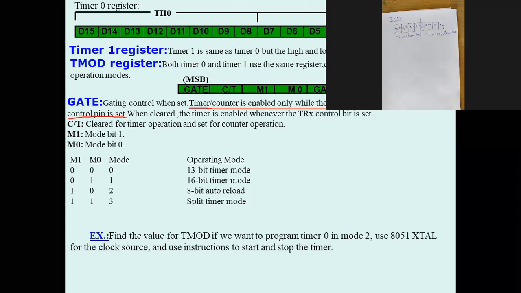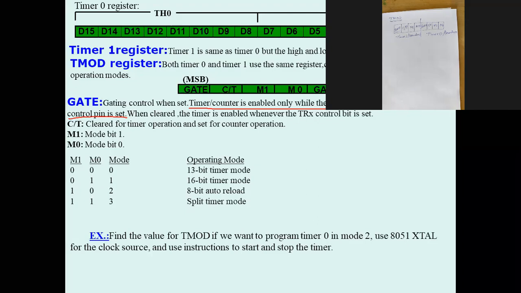This INTX pin is for the interrupts available in the 8051 microcontroller. So when this gate is enabled, before that this INTX pin must be high and the TRX pin located in the TCON register, the timer control register, must be set.